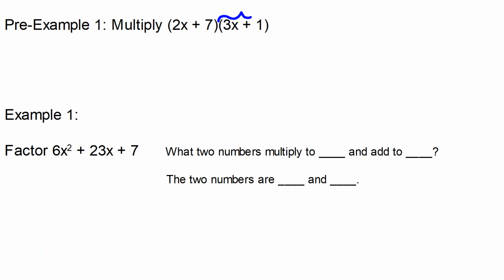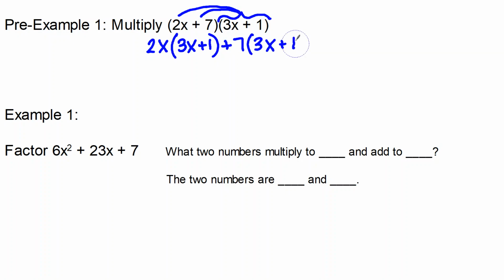I'm going to take that whole second set of parentheses and show that we're doing 2x times that whole second set of parentheses, which would look like 2x times 3x plus 1. And then I'm going to take that positive 7 and do the same thing, multiply it by that whole other set of parentheses, and that's what it would look like.